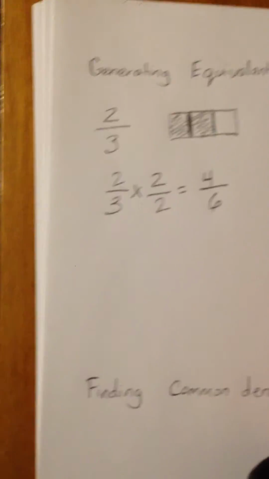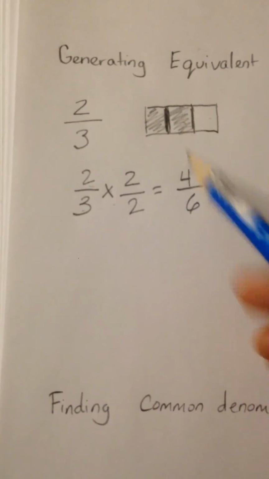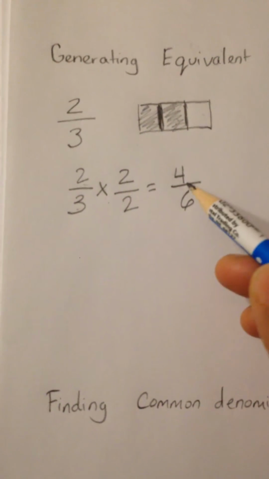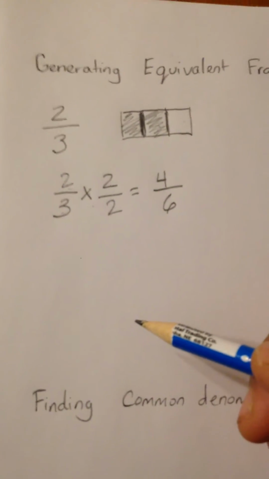And essentially what that is saying is that 2/3 of a candy bar, let's say, is the same thing as 4/6 of a candy bar.